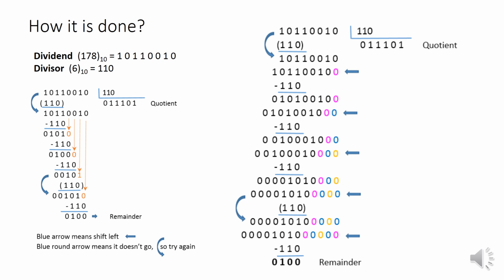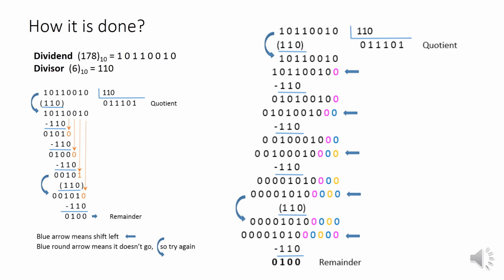So, as you see, using both methods, the quotient we obtain is the same, and the remainder is the same. So, the result we get is correct. Note that in the old method, we shift right the divisor, while in the new method, we keep always the divisor in the same position.